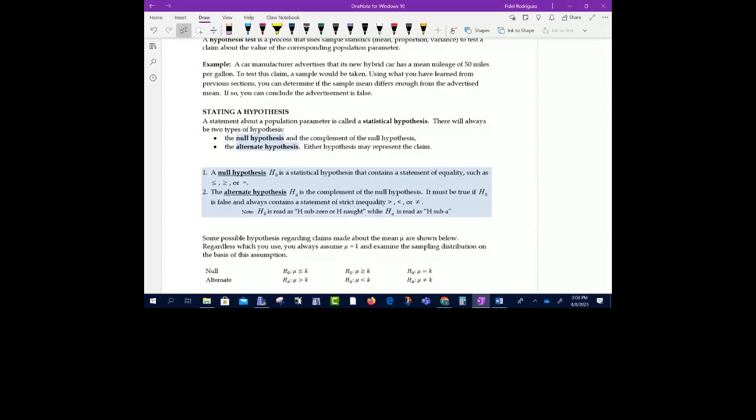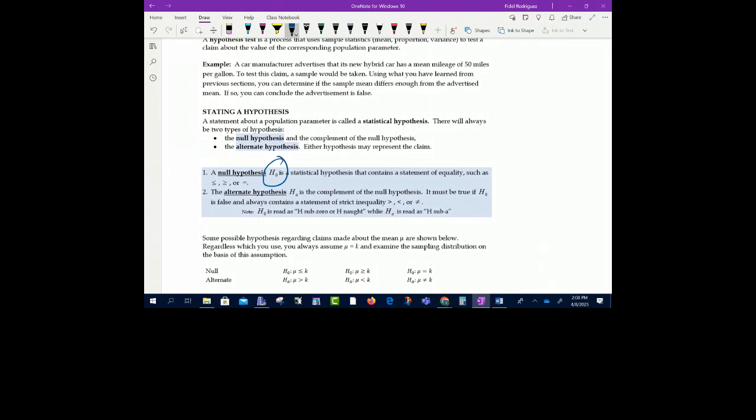So a null hypothesis, y'all, the little symbol that we use for null hypothesis is this H with a little zero at the bottom. In the null hypothesis there has to be some kind of a statement of equality. Say we're testing shower heads. Every morning or every night or both, you take a shower, and you don't like it when the water comes out weak.